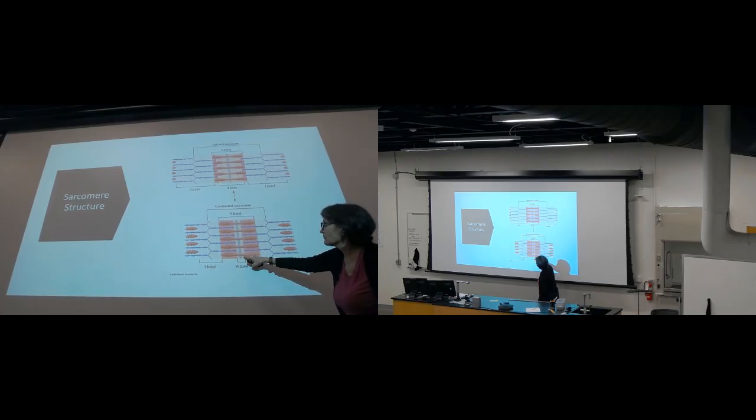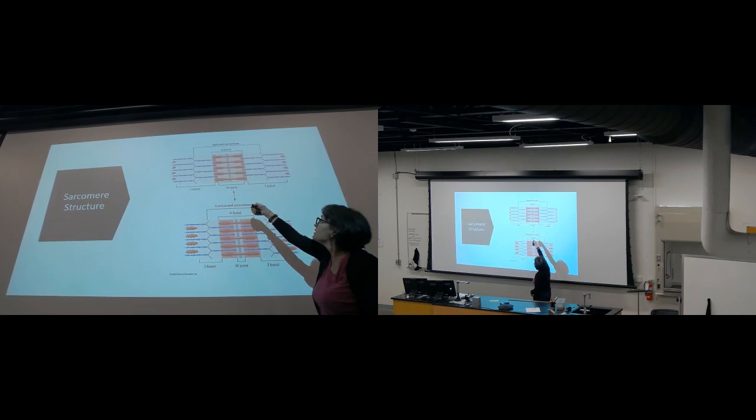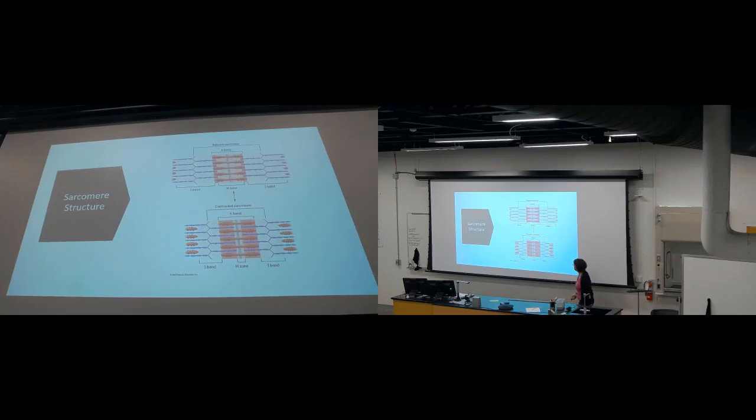However, the H zone becomes shorter. So see here how the H zone is wide, and then here it becomes narrower as actin slides over myosin. Questions?